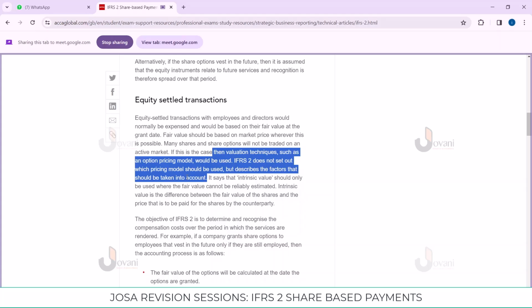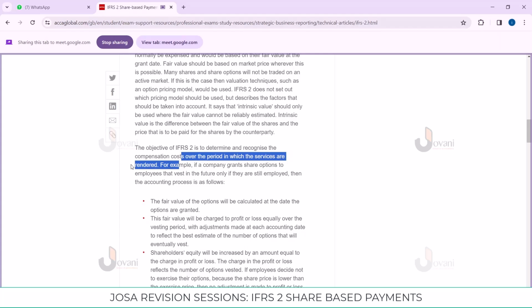The objective of IFRS 2 is to determine and recognize the compensation costs over the period in which the services are rendered. For example, if a company grants share options to employees that vest in the future only if they are still employed, then the accounting process is as follows.